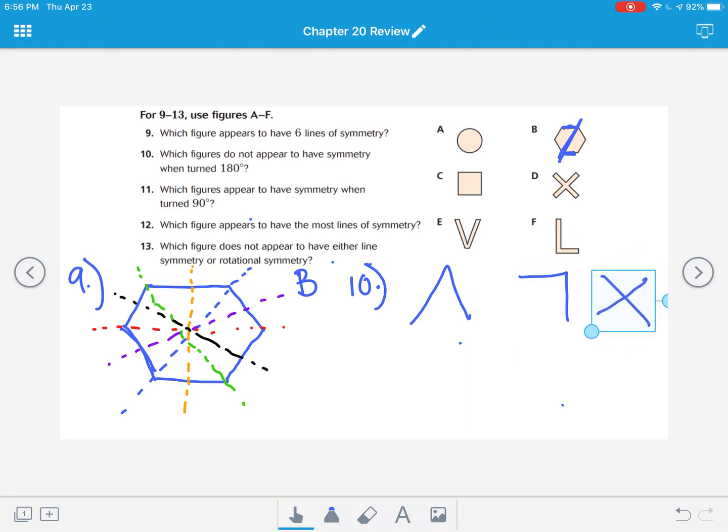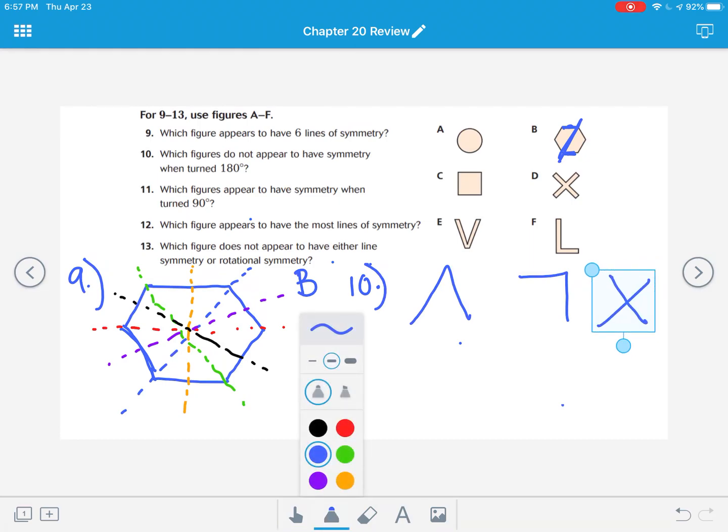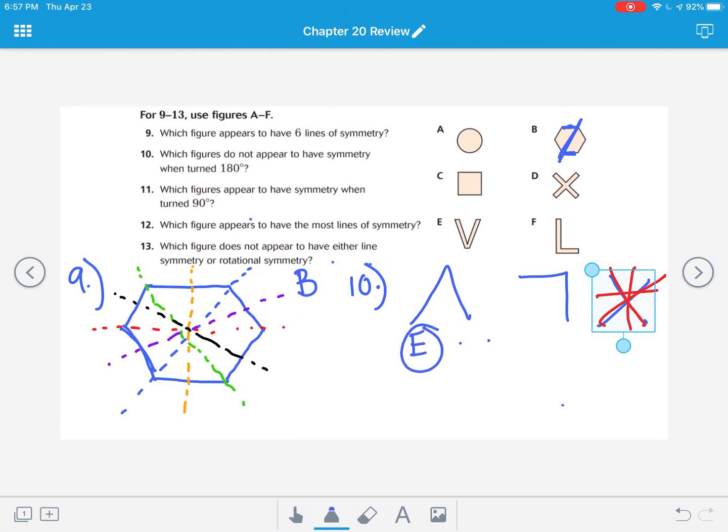That would be a quarter turn, still looks the same. 180-degree turn also still looks the same. So X is able to be turned. So it's not that one. So we're just left with letter E and letter F, which was the V and the L shapes. Those cannot be turned 180 degrees and still be symmetrical.